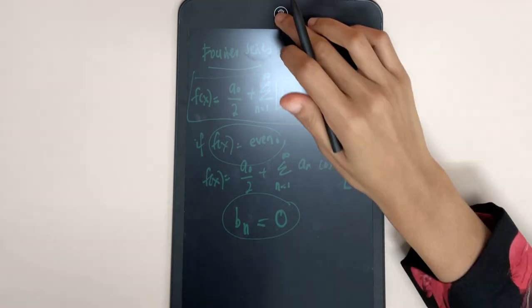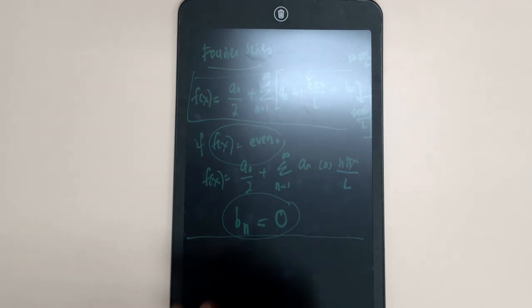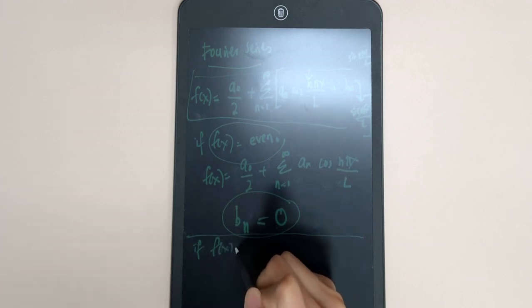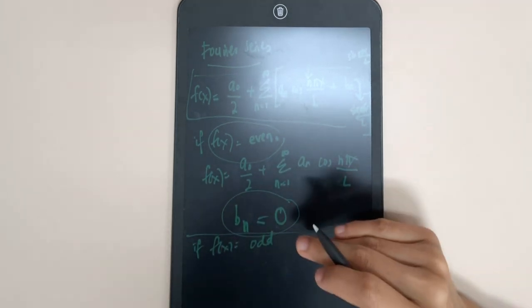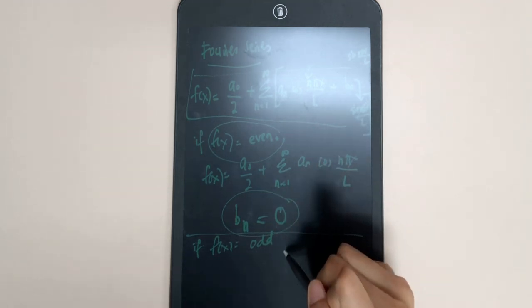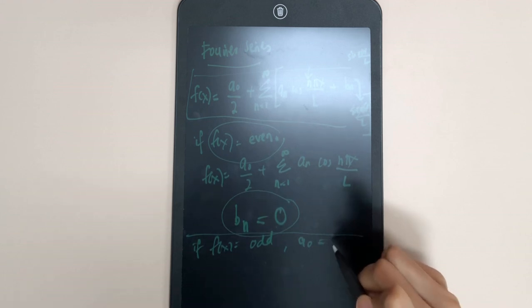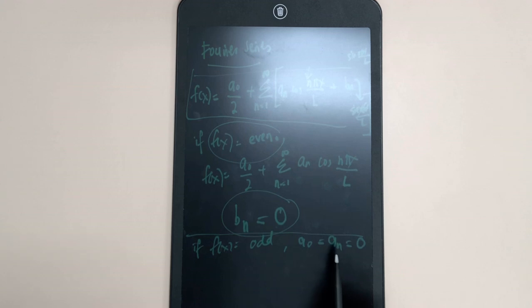So now, write down here, I hope you can see it. Now if your function is odd, previously Bn was 0, but if your function is odd, A0 and An are equal to 0.